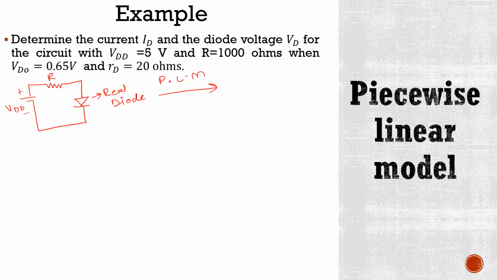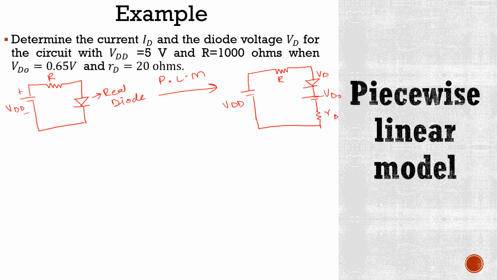It will be something like this, where this real diode is replaced by an ideal diode, a voltage source, and a resistor that are connected in series. So this is R, this is VDD, this is VD, this is VD naught, and this is RD.